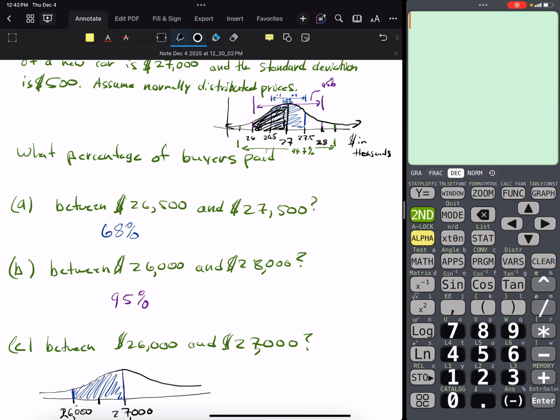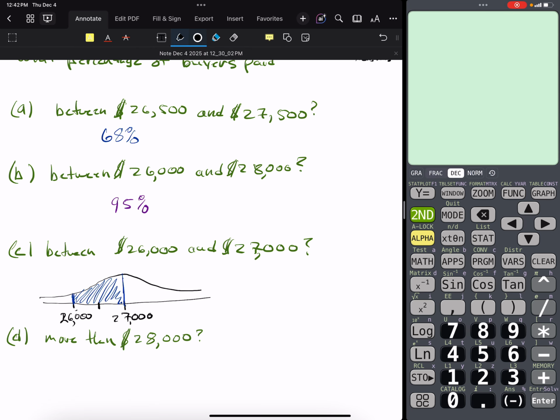What that means is, well, plus or minus 2 standard deviations would be 95%, and I'm covering exactly half of that. And so it's going to be half of 95%, and so it's going to be 47.5%.